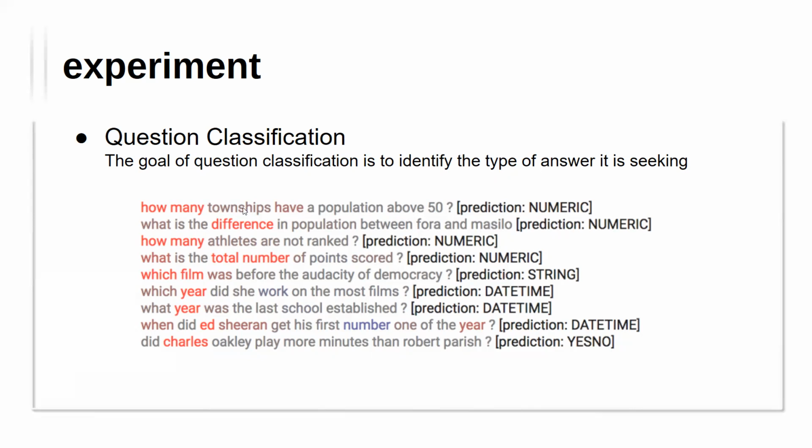For example, for the first question, the model predicted it to be numeric, and the word that is highly relevant to this prediction is how many. In this way, they show you can trust this model because the model did look at the right words in the question.